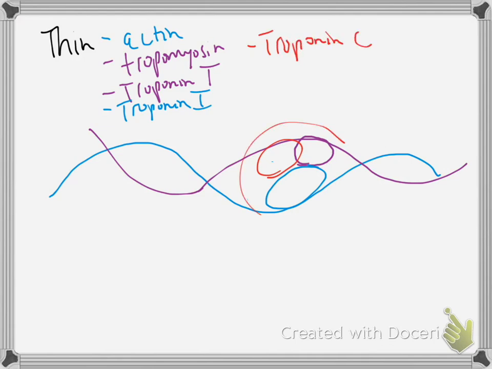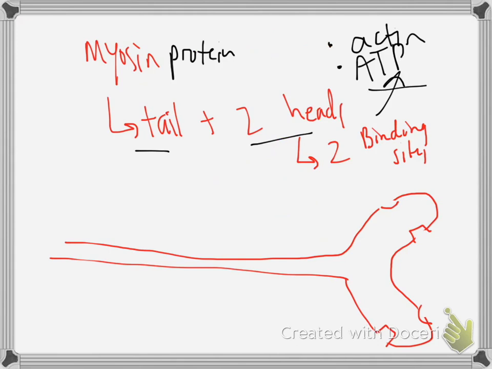So this whole tropomyosin troponin complex is blocking our myosin binding site. So we have this head over here with this actin binding site just waiting to grab onto this actin, but it can't because it's blocked. A really quick note about this myosin, it has 2 configurations, basically 2 positions this head can be in.